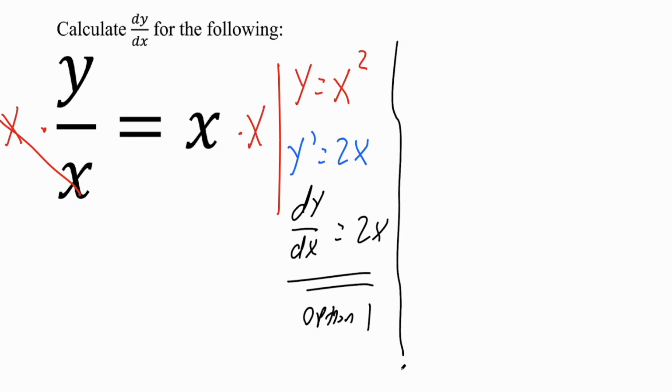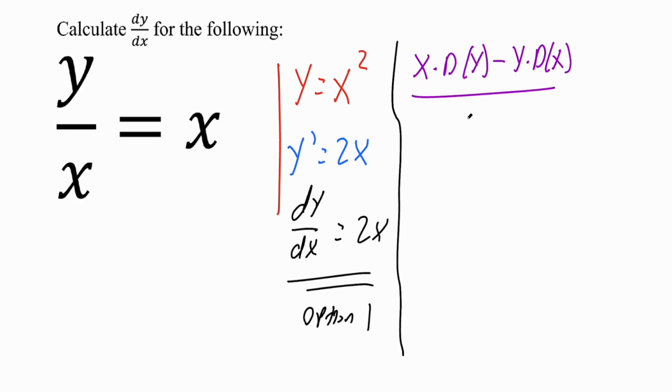And then we'll do option 2. Now, option 2 is what a calculator would typically spit out, because what you're doing right now is going straight and using the quotient rule. So we'll do low d high minus high d low divided by the square of what's below. So low, meaning the denominator, times d high, the derivative of our numerator, minus high, the numerator, times the derivative of our denominator, divided by the square of what's below.